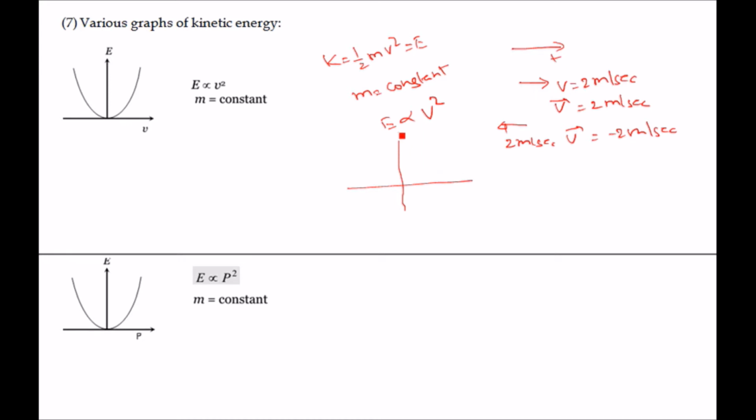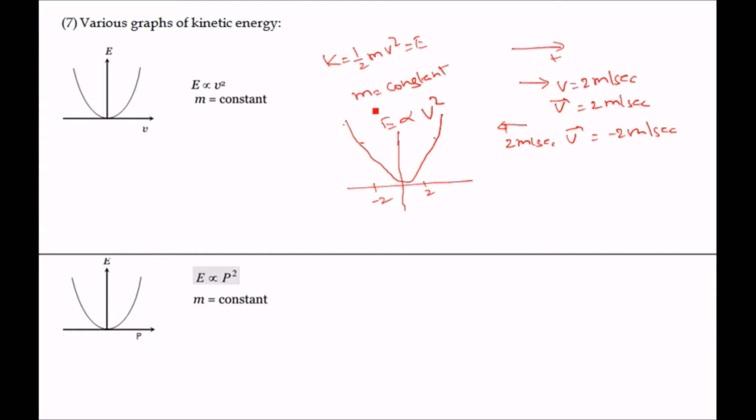So the graph will be a parabolic graph. For example, if the velocity is 2 or minus 2, the energy will be 4 for mass equal to 1 kilogram. So clearly this graph will be a parabolic path.